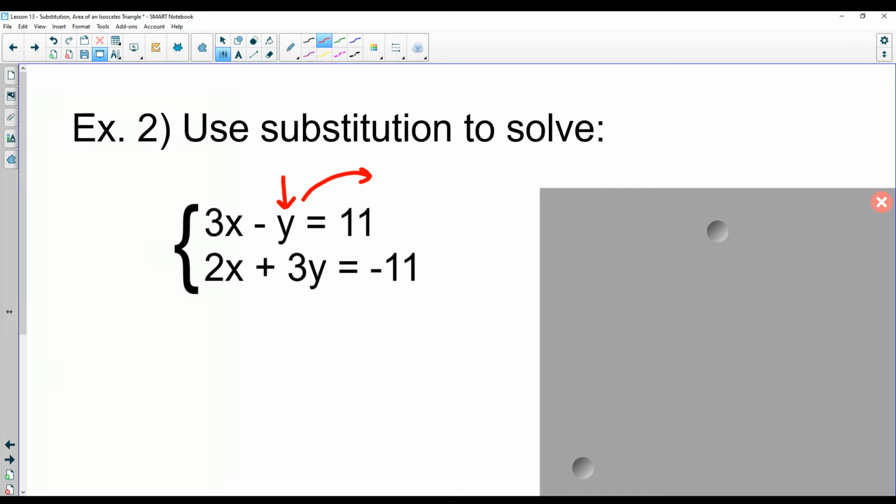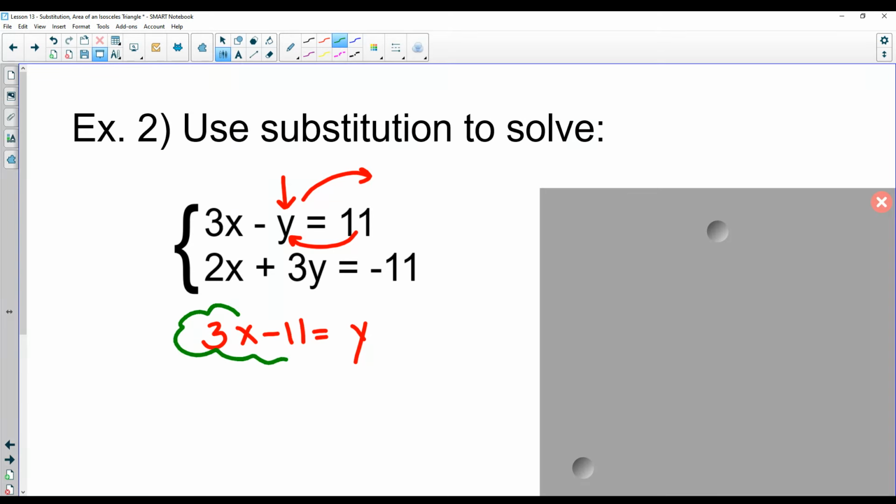Remember the concept, change sides, change signs. So all I'm going to do is put y on the right side, and I'm going to move the 11 to the other side. Okay, I'm changing sides, changing signs. So that first equation is rewritten as 3x minus 11 equals y.